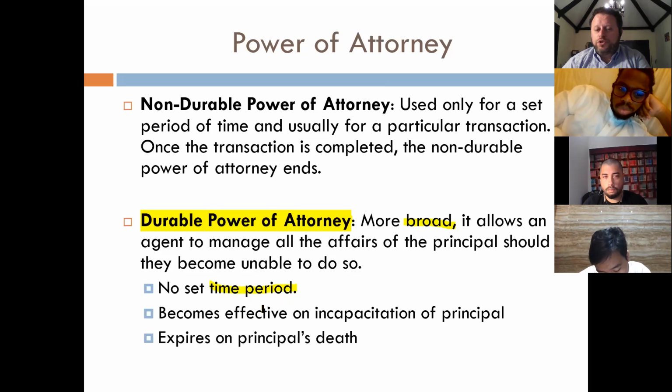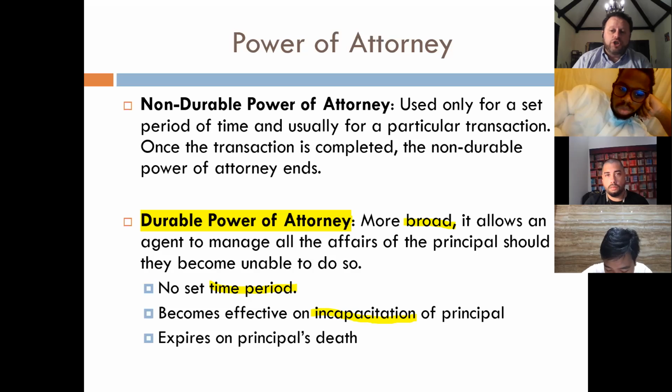Now, people often do this on incapacitation or maybe death. But usually this means like if I get sick, if I'm in the hospital, if I'm in a car accident, this person automatically becomes my agent. And an agent can do a lot more than just business. An agent can make all kinds of decisions.